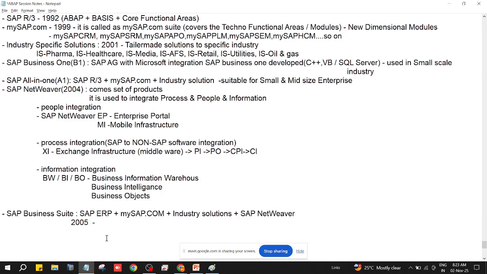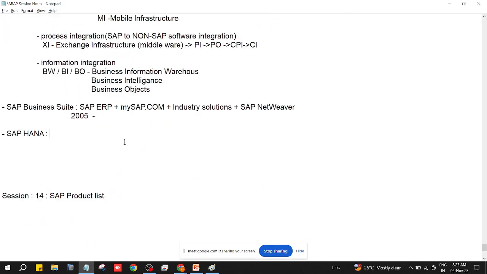Okay. Next, at one level, as I told you, HANA came into picture, because the main purpose of introducing the HANA product is that it supports non-SAP databases, but it runs on HDB. HDB means HANA database.